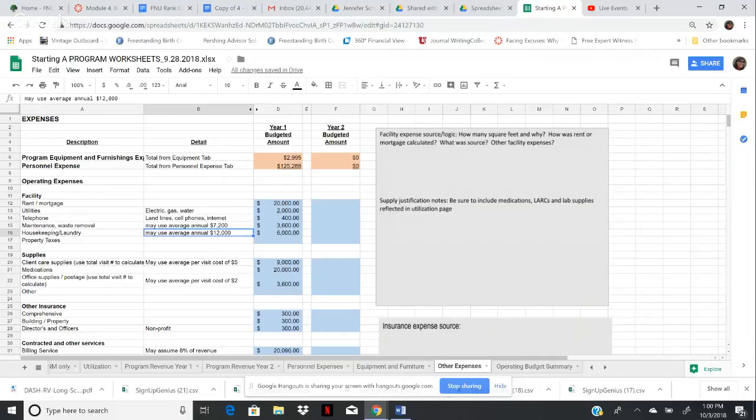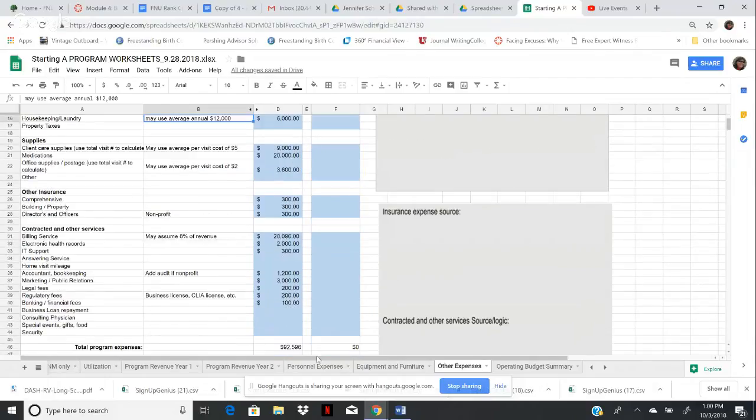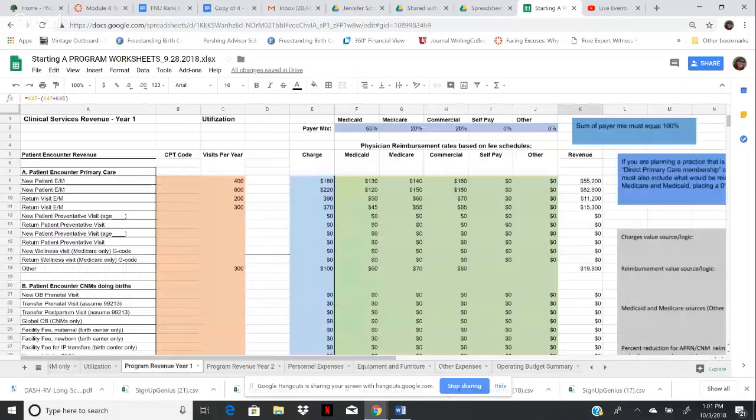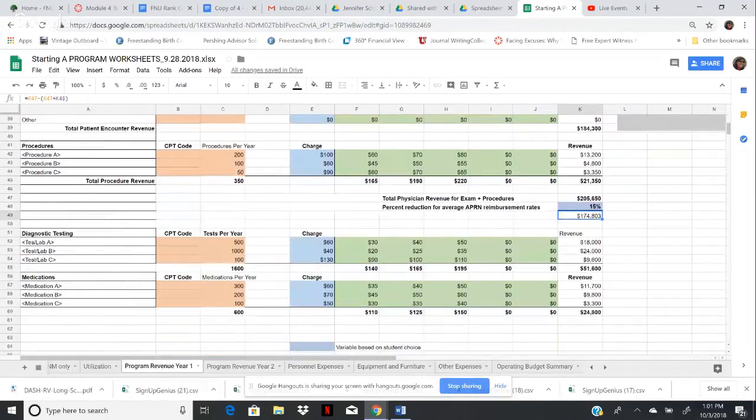All right, then we have some client care supplies. We do provide you with a guide that you can just use $5 for the total number of visits, which again, you'll find back on the utilization page. In terms of medications, you'll need to go back to your revenue sheet and take a look at what you're billing for your medications. And then you're going to need to do some research about the particular medications.